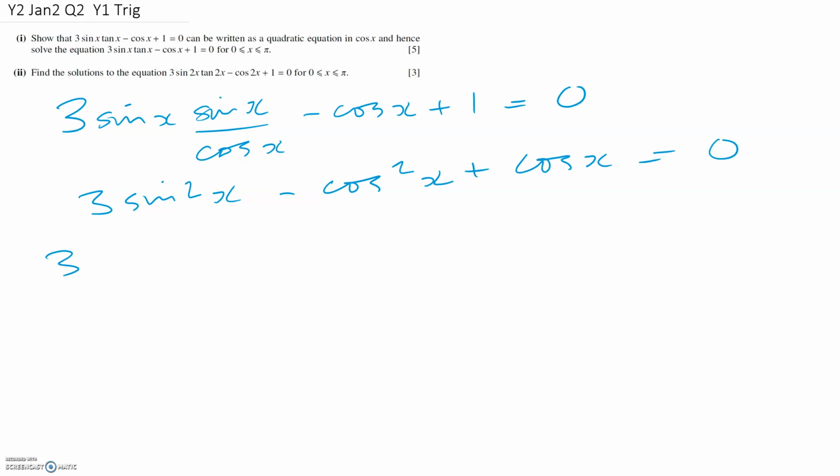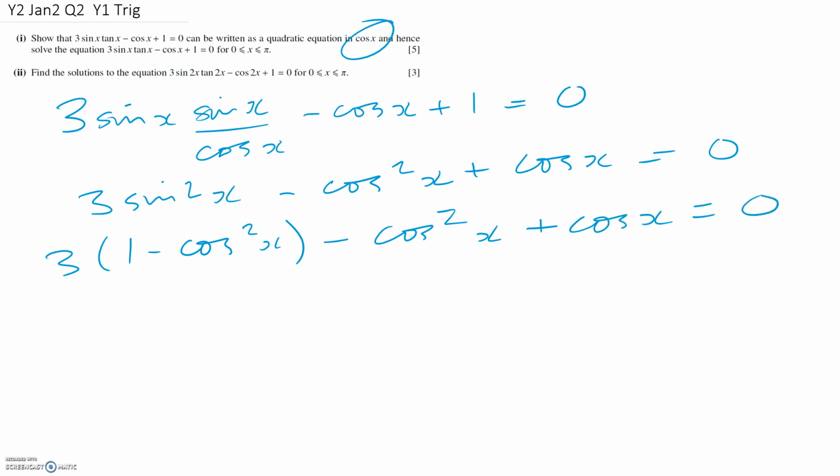And we can replace sin squared with 1 minus cos squared. Remember, we want to get everything in terms of cos x. So 3 minus 3 cos squared x minus cos squared x plus cos x equals 0.